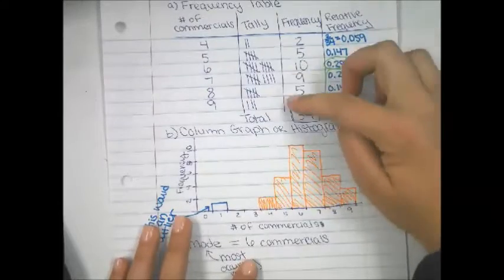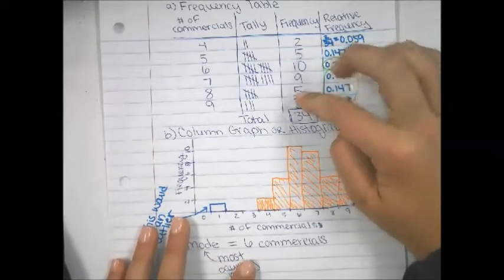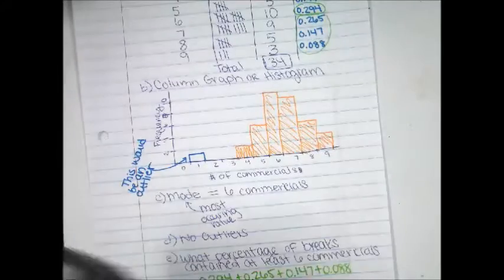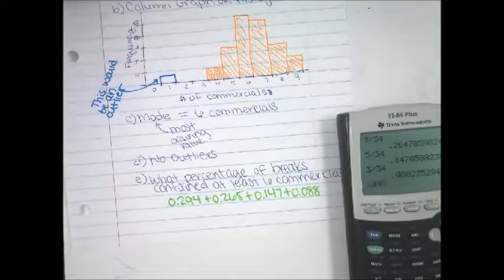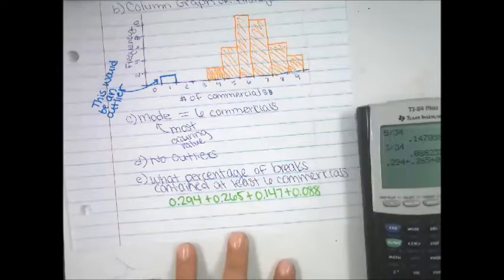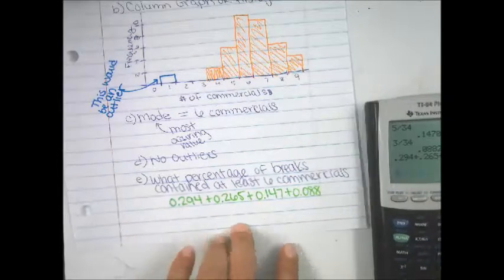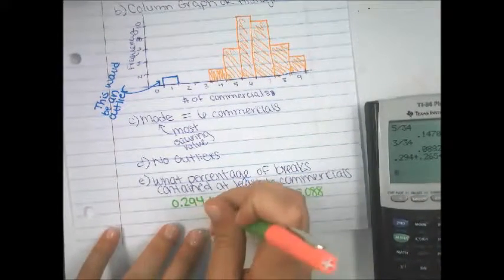You could also add up all of the instances here and then divide that by 34, or you can add up all of your relative frequencies. Either way. So 0.294 plus 0.2. Now these are all rounded, so that could add a little bit of error. So 79.4%.